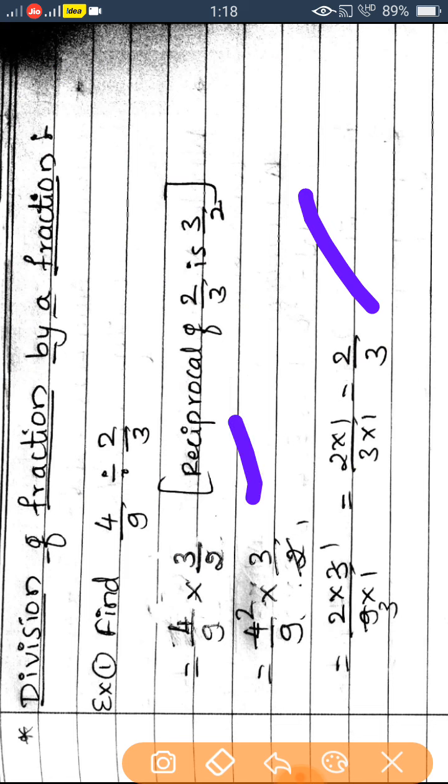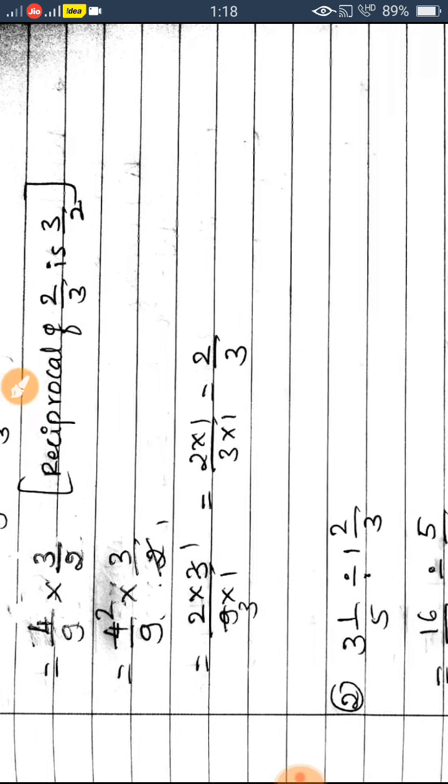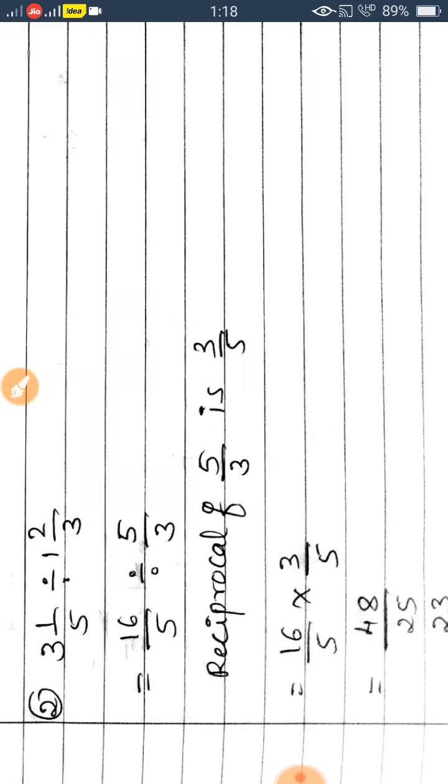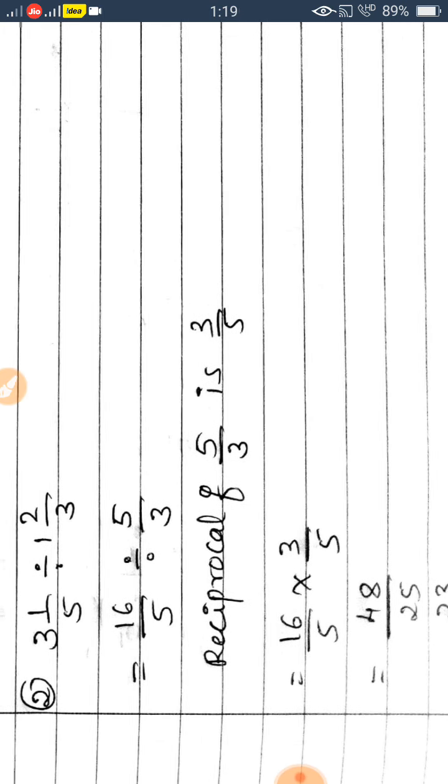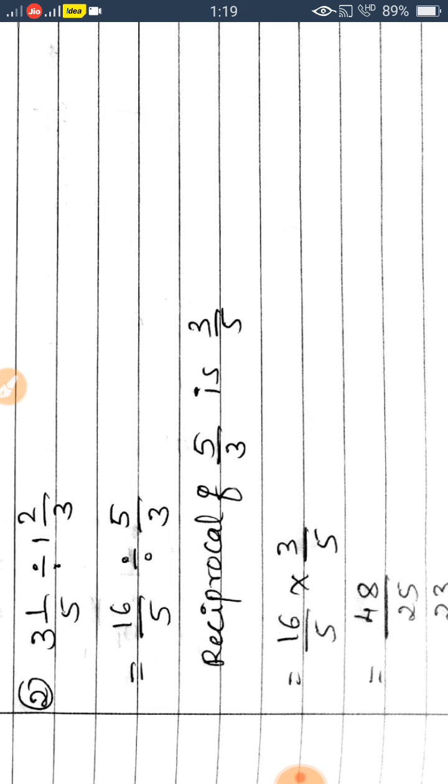First I cancelled by 2, then again by 3. Don't cancel the numerator and denominator separately. Many students make a mistake here. You have to cancel the numerator and denominator at once by the same common number.